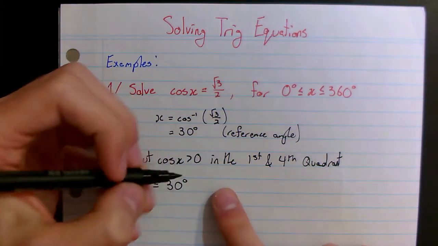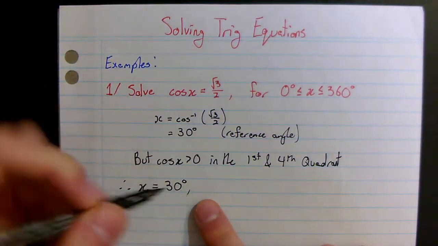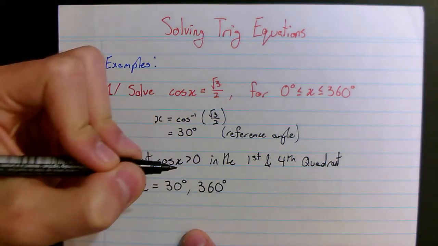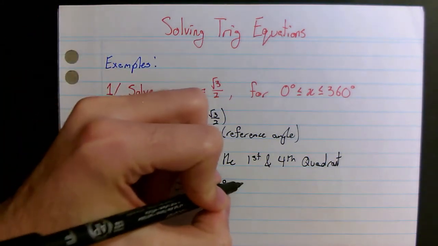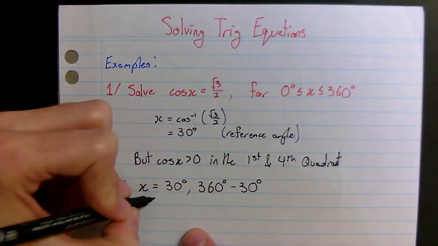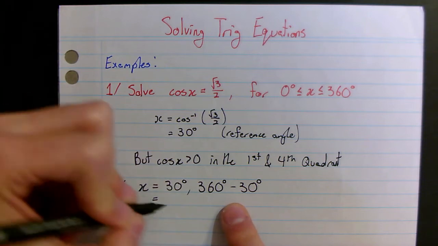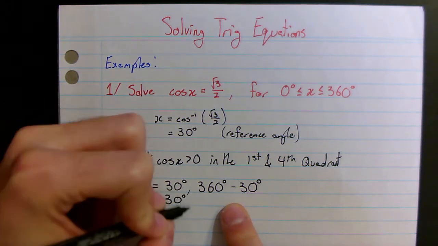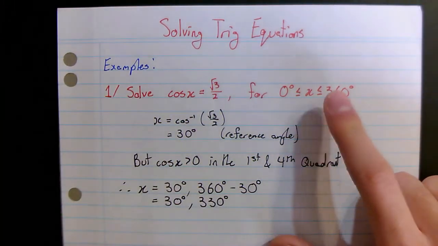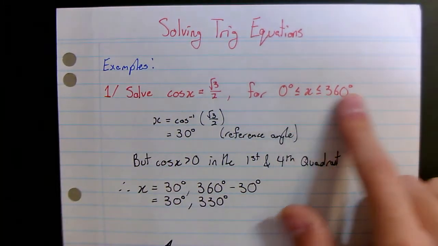And in the fourth quadrant, we define it as 360 degrees minus theta, or minus our reference angle, which in this case is 30 degrees. Because it's 360 minus theta, that gets you 330 degrees. So the answers are 30 degrees and 330 degrees for the domain from 0 to 360 degrees.